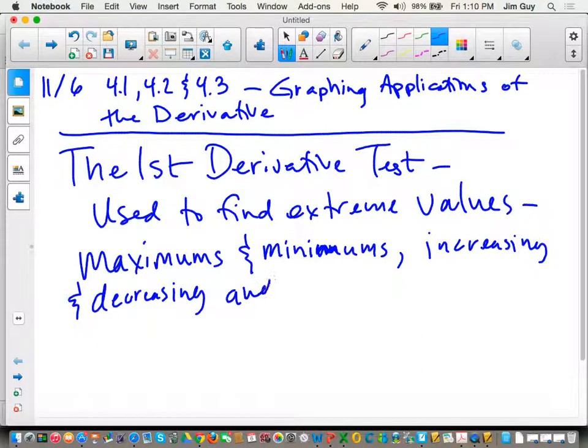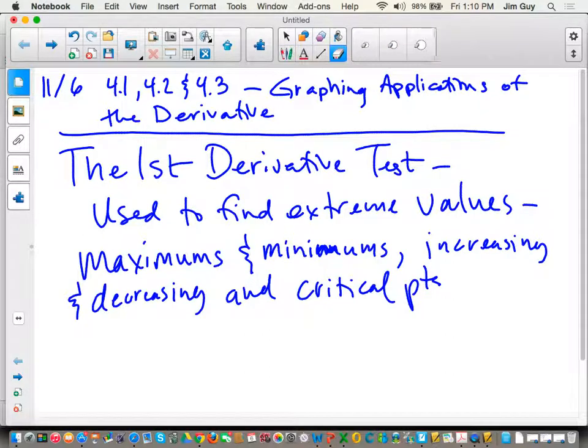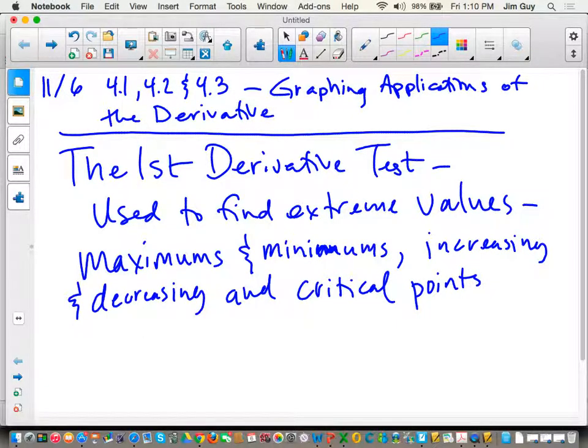And critical points. Let's write that out, and we'll talk about what those are. Okay? So anywhere on the homework, if it says to you, find a maximum, find a minimum, find the local maxes or absolute maxes, or where it's increasing or where it's decreasing, or critical points, all of it's just saying, hey, go ahead and use the first derivative test to help you find that.